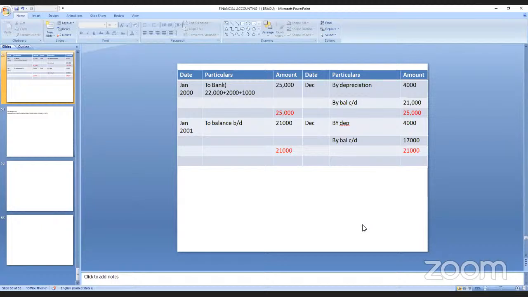Okay. In this, capital, when you are doing the journal entries, will capital come on the credit side or the debit side? You tell me. Where does capital come? In the balance sheet it comes on the liability side, credit.